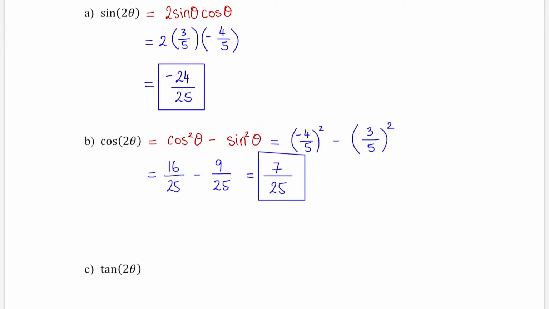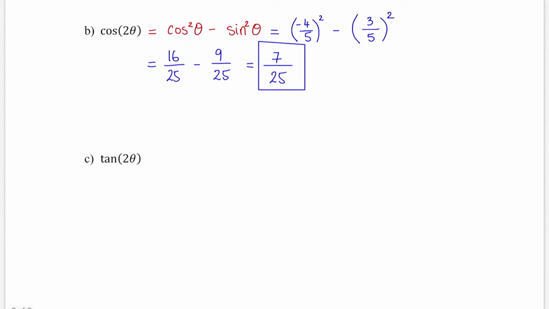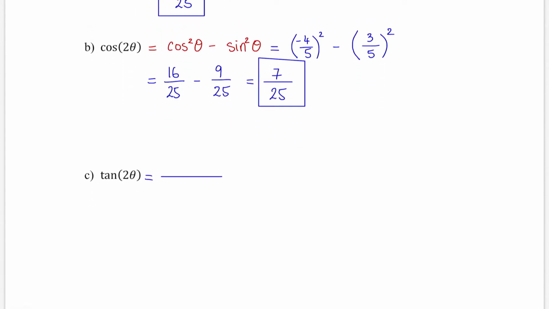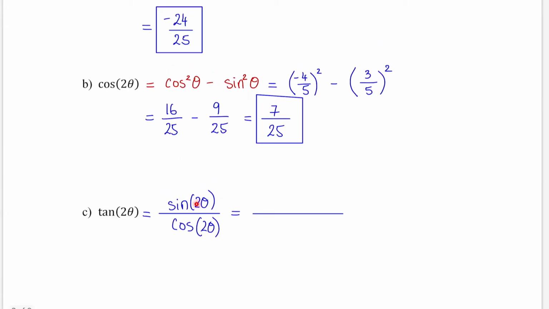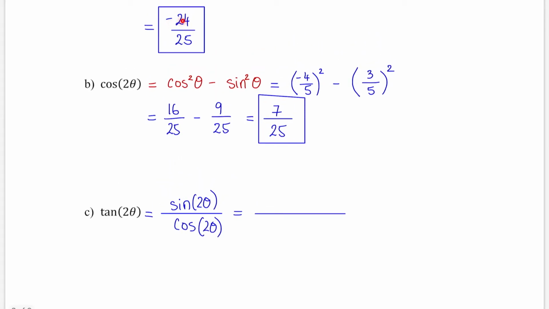For tangent of 2 theta, since I have sine of 2 theta and cosine of 2 theta, I am going to use the formula tangent of 2 theta equals sine of 2 theta over cosine of 2 theta. Sine of 2 theta was found. That is negative 24 over 25.